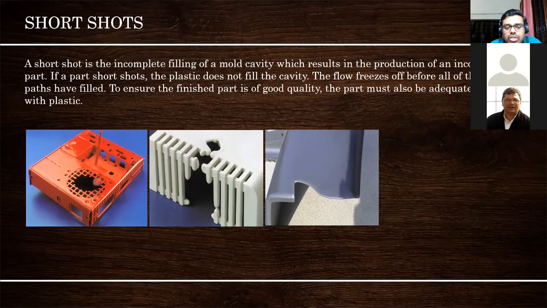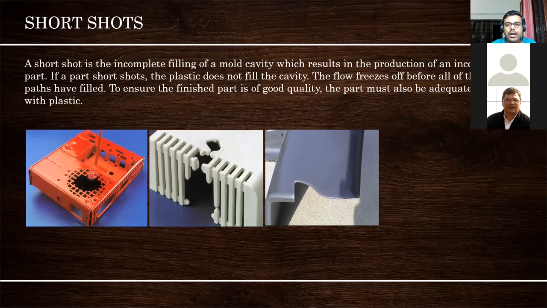Whenever a short shot is coming in between the part, that means in this area either a heavy pressure drop is happening or some air entrapment is happening. You can see the ribs are so thin, the melt is getting frozen off here. Plastic raw material always flows wherever the thickest area is. It takes the thick area, as in a pipe also.